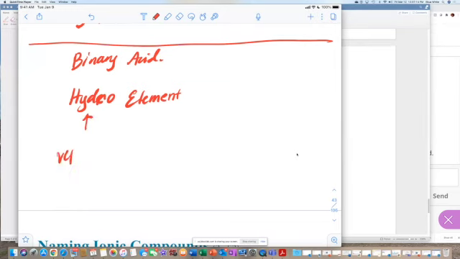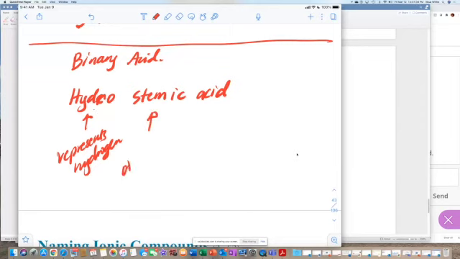And then the element is named as stem. So hydro, stem, ic, and then acid. So hydro represents hydrogen, stem here is the other nonmetal, and then you add ic acid.